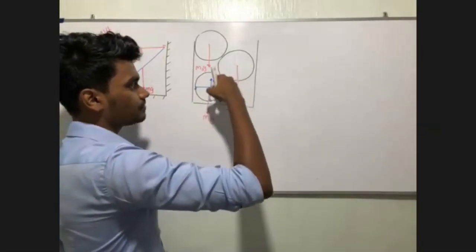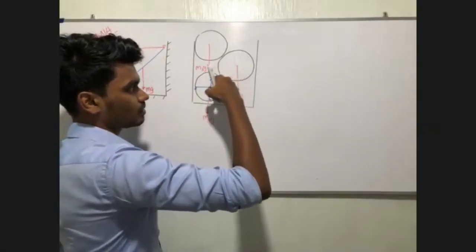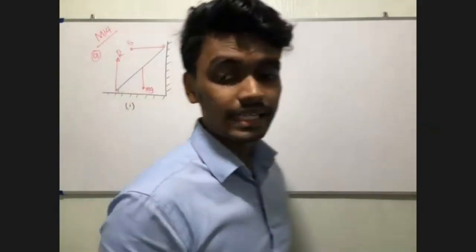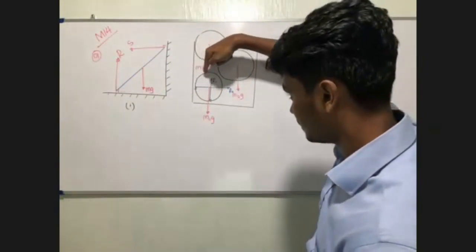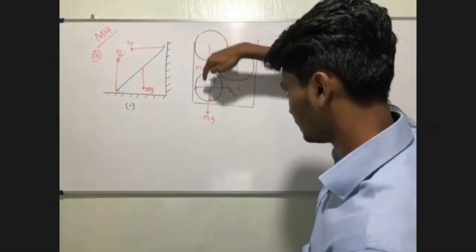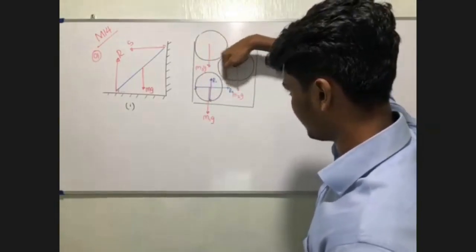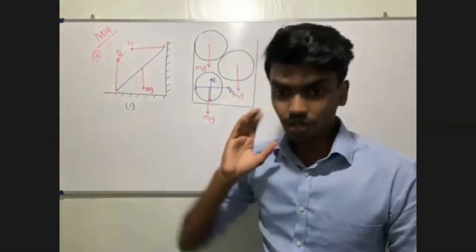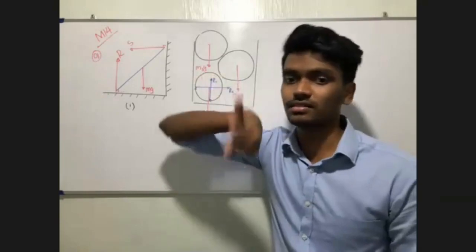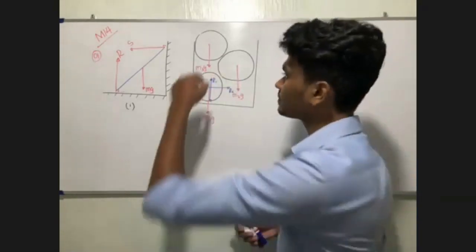Once again, contact surfaces. This is the object. This is the surface. Now the surface is circular, isn't it?